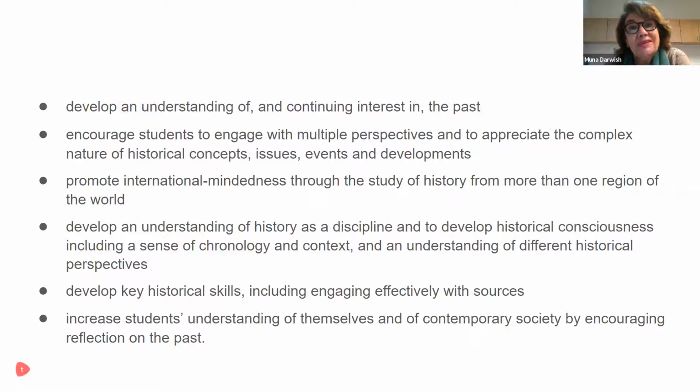The course very much promotes international mindedness, which is a very important component in the IB philosophy as well.